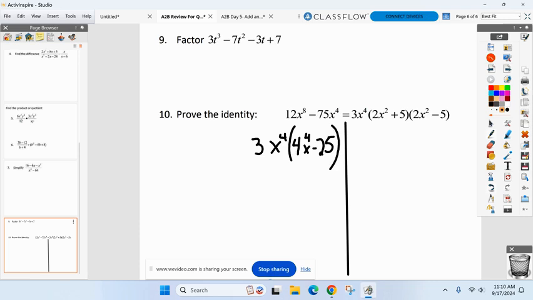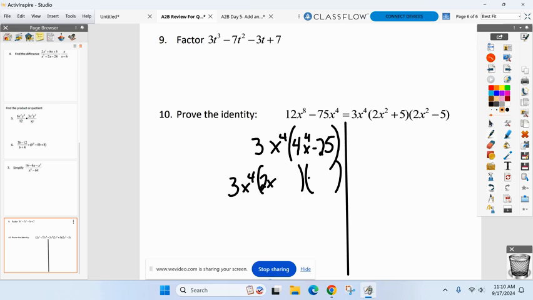Clearly doesn't look like the right side. Clearly. So you know you've got to keep going. All right. Well, where do I keep going then? 4x to the even number, 25. What did I just list out? All perfect squares. And it's minus. 4x to the 4th, 2x and 2x.